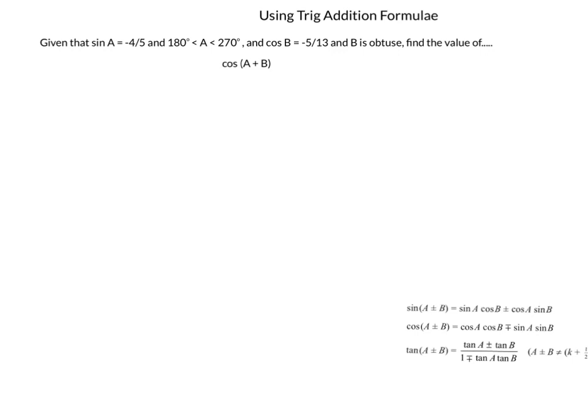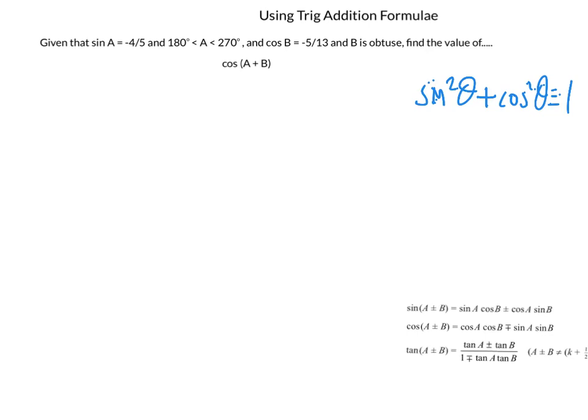Okay, well our next step is to complete the set of trig values that we have to play with. We've got sine A, so I want cos A. Now, we all know something useful, sine squared theta plus cos squared theta is 1. So we're going to do that here.